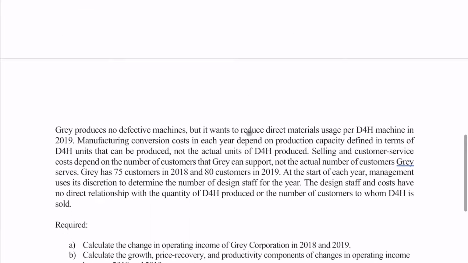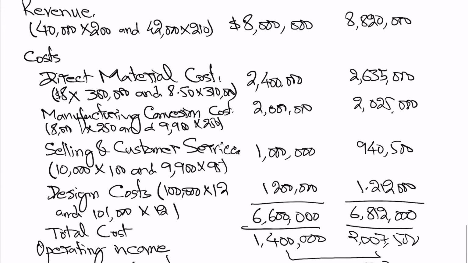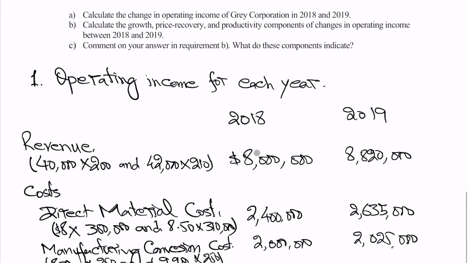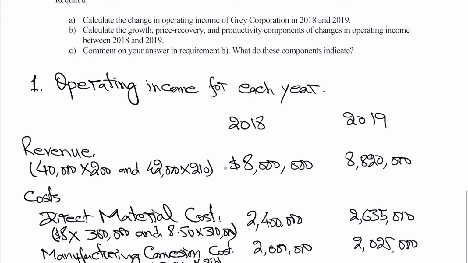Now the second part is saying calculate the growth, price recovery, and productivity component of change in operating income. So we have to break down this change in operating income into three breakups. One is how much of this positive change in operating income is contributed towards the growth, towards the price recovery, and towards the productivity.